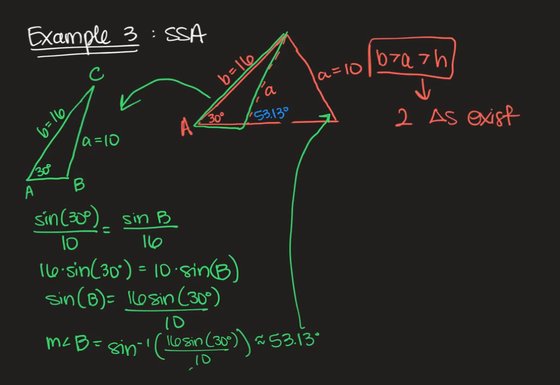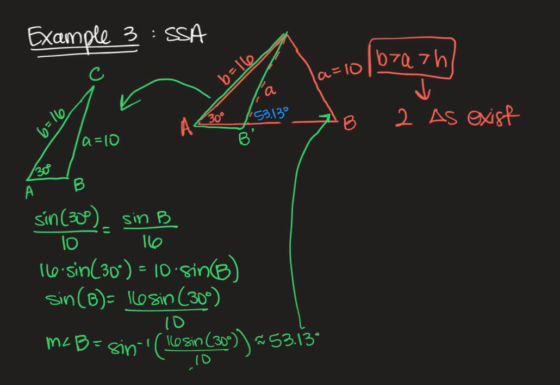And so then we know the angle that we were really trying to solve for, angle B in the green triangle, is going to be 180 degrees minus 53.13. So just to make everything super clear, we are going to call this angle B, 53.13 degrees is the measurement of angle B. And then that obtuse angle that we can now find, we're going to call that B prime.